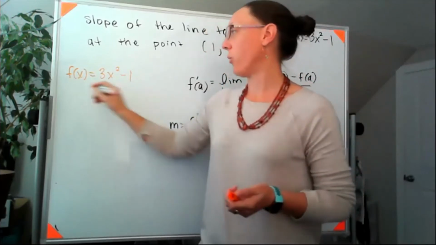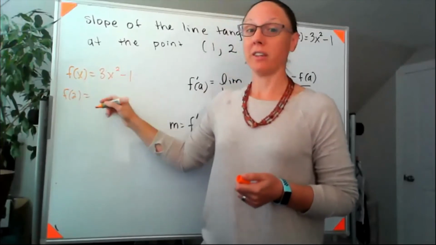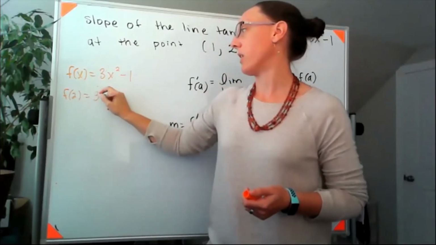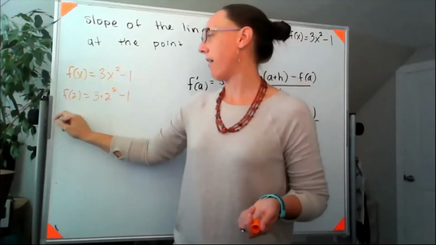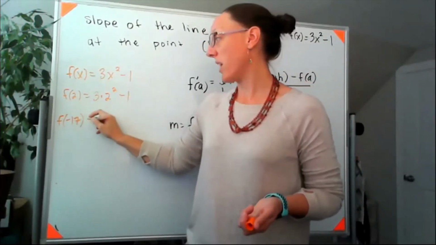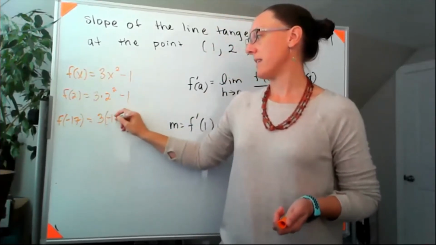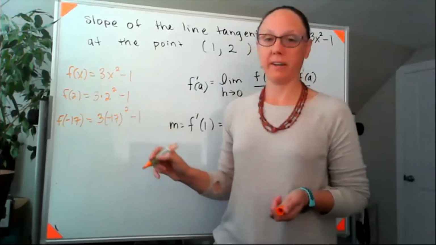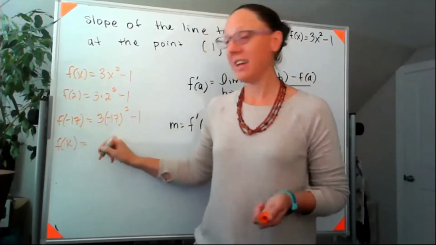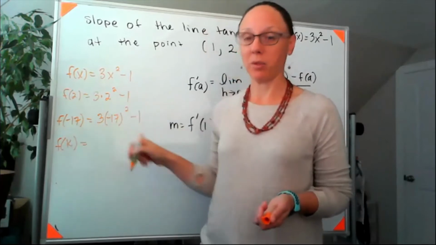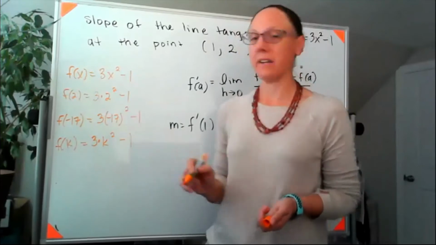If I wanted to know what f of 2 was, that means I plug in the 2 where I've got the x, I'd have 3 times 2 squared minus 1. If I wanted to know what f of negative 17 was, I'd look where my x is, go 3 times negative 17 squared minus 1. If I wanted to know what f of k was, everywhere I've got an x, I'm going to plug in a k, and I'd have 3 times k squared minus 1.